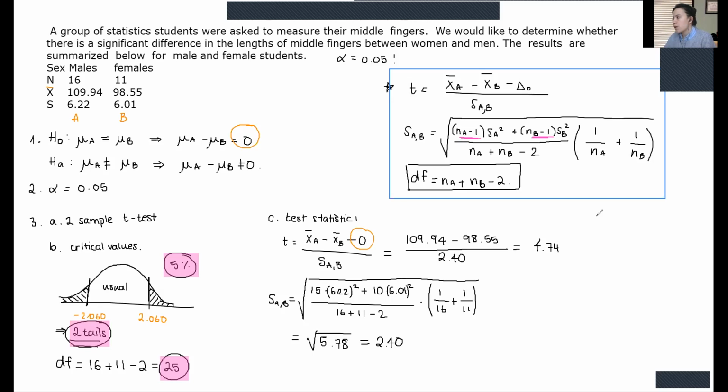Okay, and so the last step over here is just to conclude. And to conclude, I just have to check whether my result, the value of t that I have over here, is in the usual region or in the extreme region. 4.74 is way larger than 2.060, which is maybe around here.